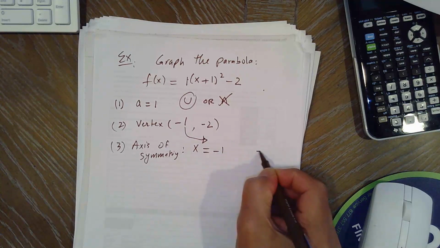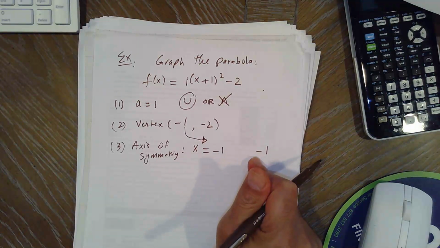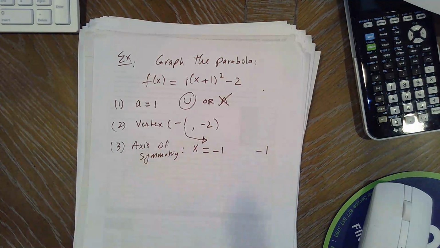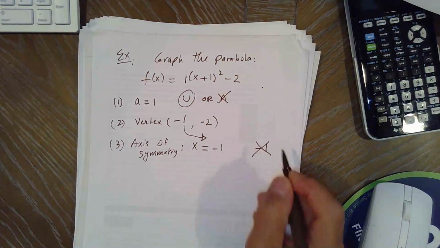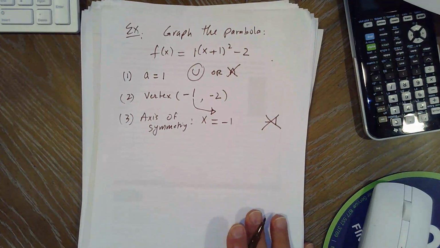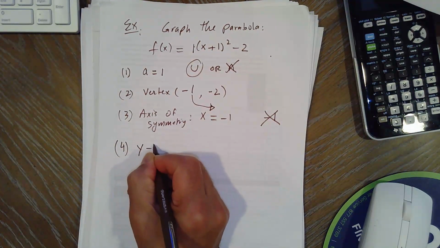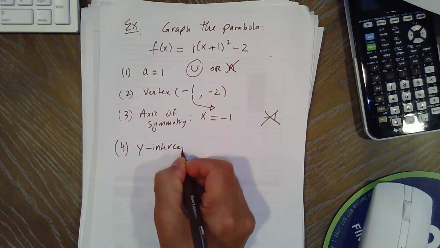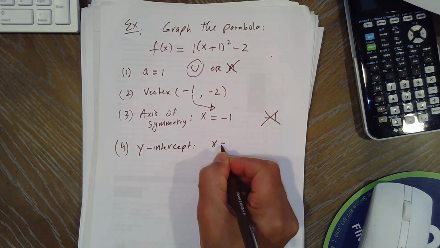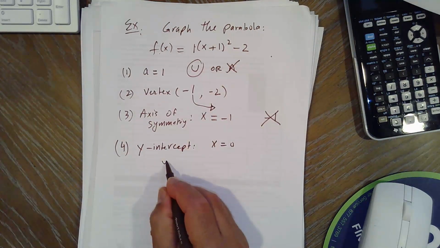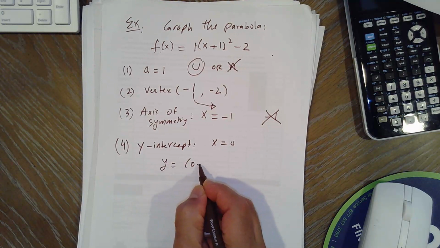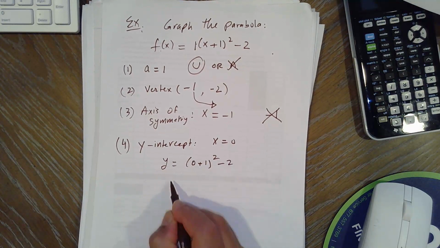If you just put -1, that would be wrong. -1 is a number. x equals -1 is a vertical line. So don't just put -1 if you want to get full credit on this one. And then you want to find the y-intercept. We'll do that first because it's easier. So we put in a 0 for x and then solve. So y equals 0 plus 1 squared minus 2.